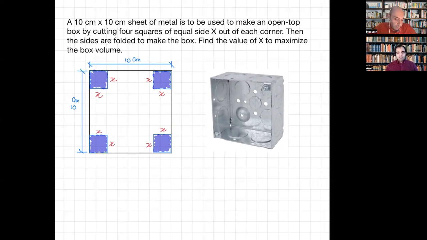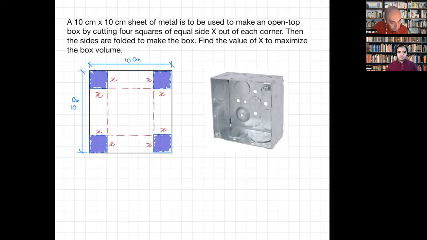So when you cut it out, then you can fold each side to make an open box, as you can see on the right figure. So when you have that open box, we want to maximize the volume of the box by changing x.